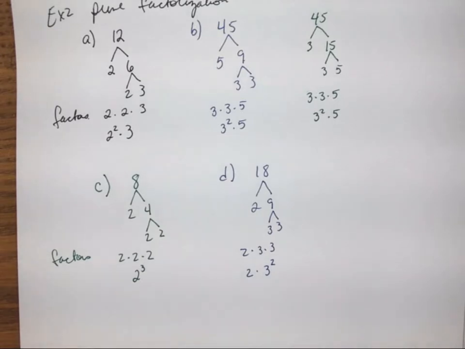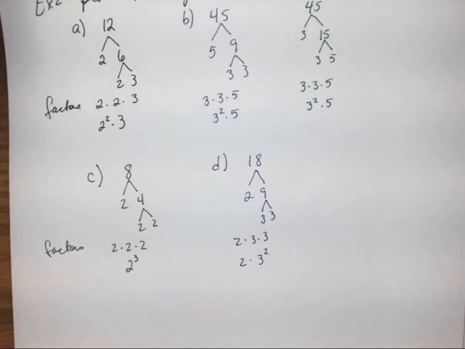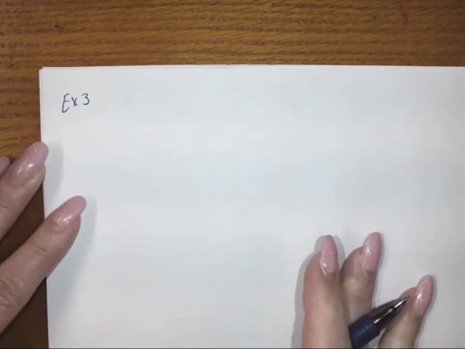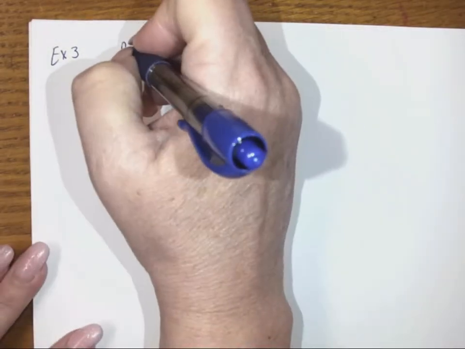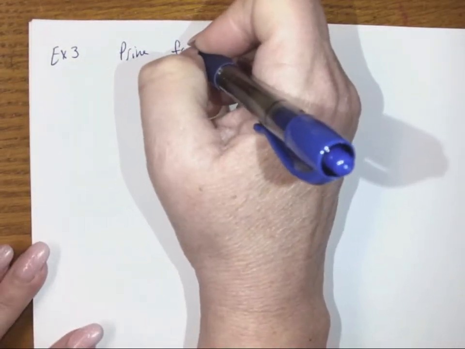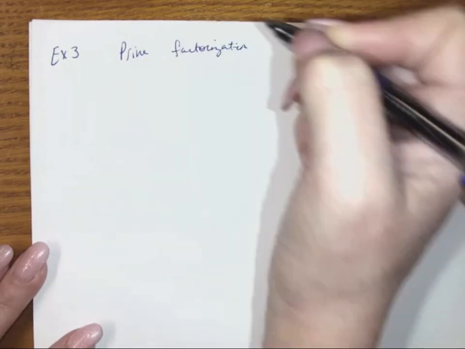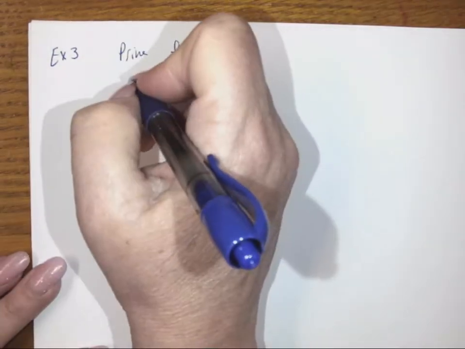Now sometimes we're going to have bigger numbers. So let's look at example 3. So we're still doing prime factorizations. And let's look at 700.